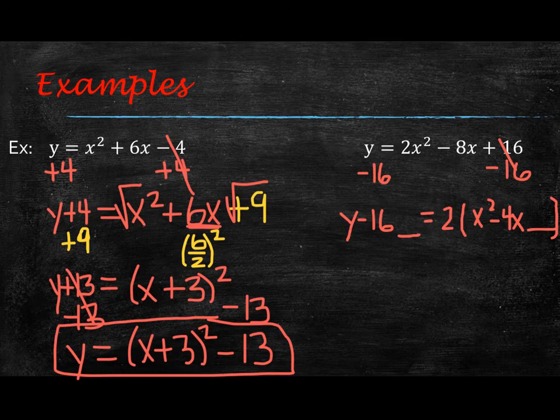So you're going to take your b and divide it by 2. So negative 4 divided by 2, and then you're going to square it. So that would give you negative 2 squared, which is going to give you a positive 4. So we're going to add that in to the right side.